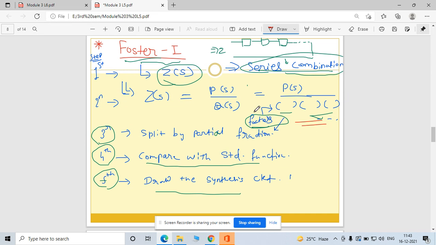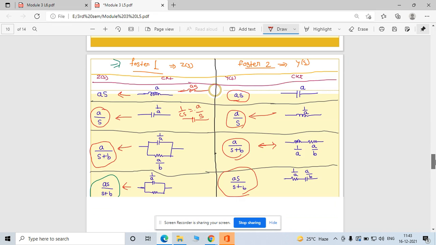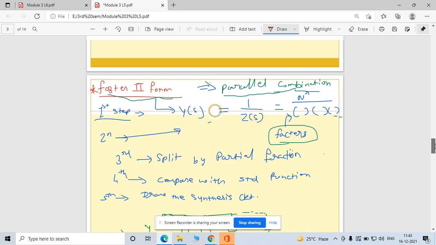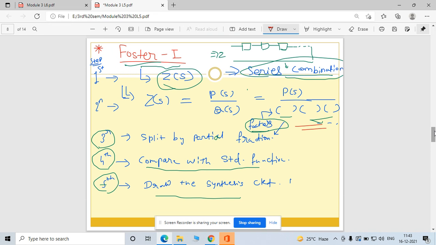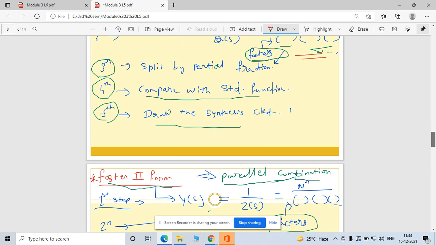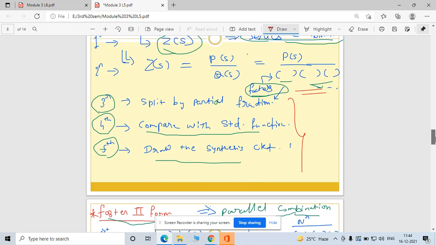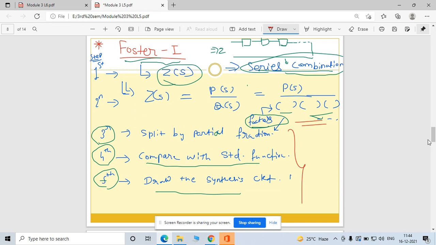Then you have to split that function, and after splitting, you have to compare that function with the standard function, which is nothing but this table. Once you compare this, you can also draw the synthesis circuit, right? So these are the steps. Now proceed one by one. First of all, see here.